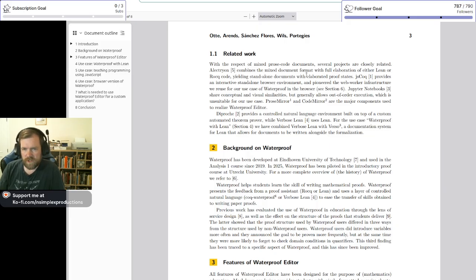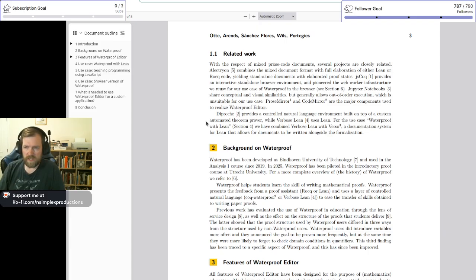Jupyter notebooks share conceptual and visual similarities, but generally allow out-of-order execution, which is unsuitable for our case. ProseMirror and CodeMirror are the major components used to realize Waterproof Editor. Zeproche provides a controlled natural language environment built on top of a custom automated theorem prover, while Verbose Lean uses Lean, naturally.